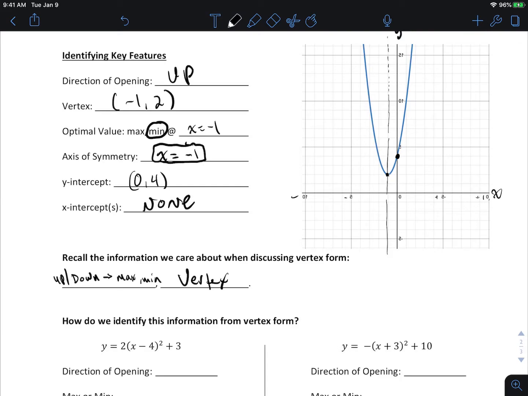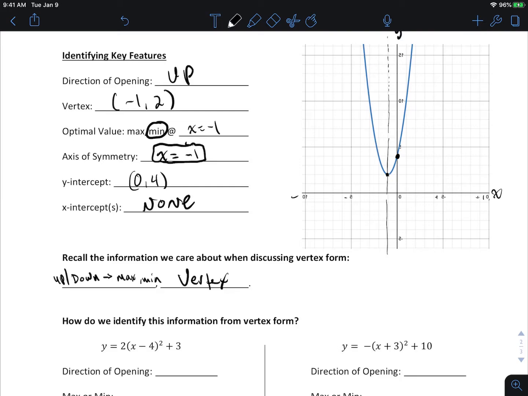Those are the two concepts. If we can grasp this notion of where the vertex is, if there's a maximum or minimum, that's one concept. The second concept is how do we get there? That's completing the square. And the third concept is coming up with the equation from words, like word problems.